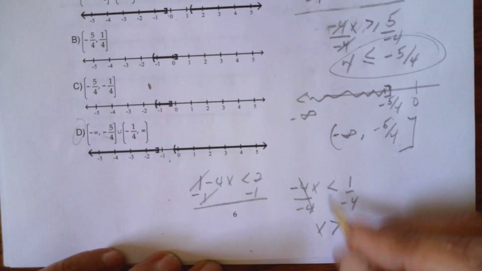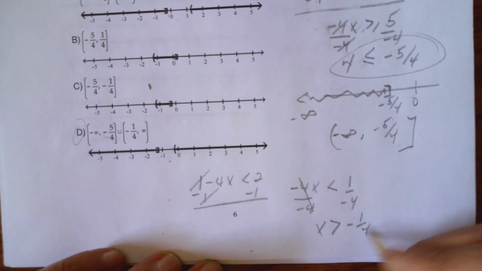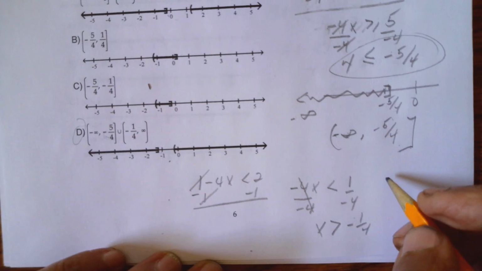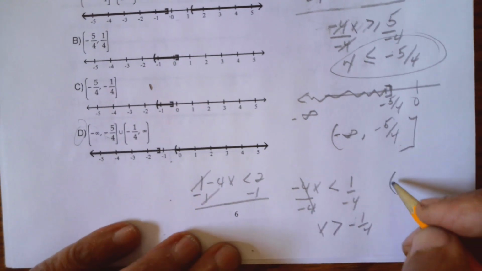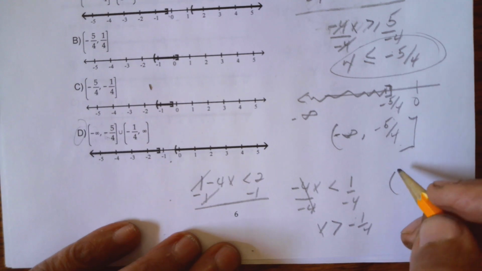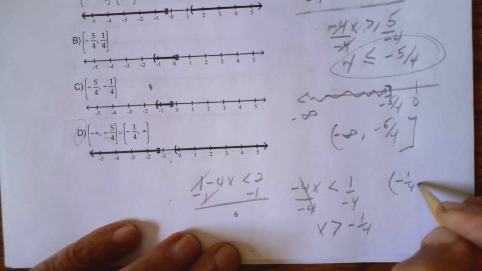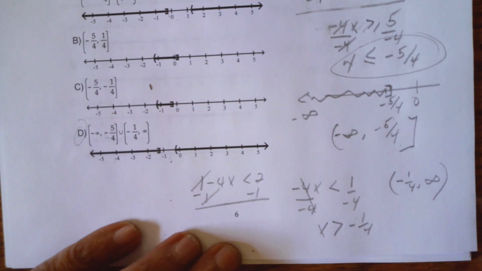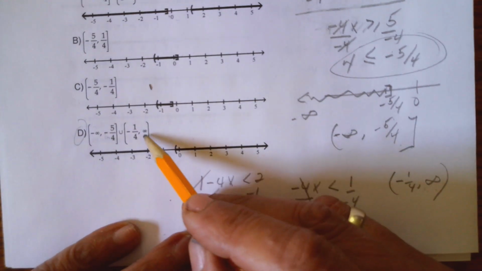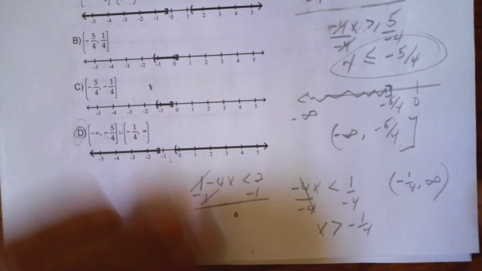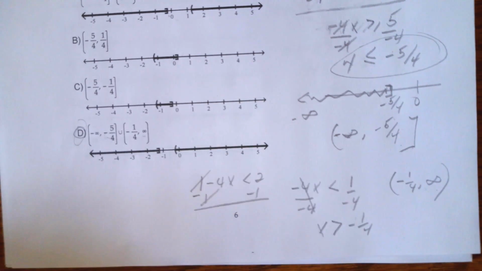This is x is greater than a negative 1/4. Since it's a strict inequality, parenthesis at negative 1/4 going all the way out to infinity. Infinity is obviously a parenthesis. So you can see there's the back end of that, and that's why it's letter D. Alright, I don't think that was my best effort, but hope that helps.